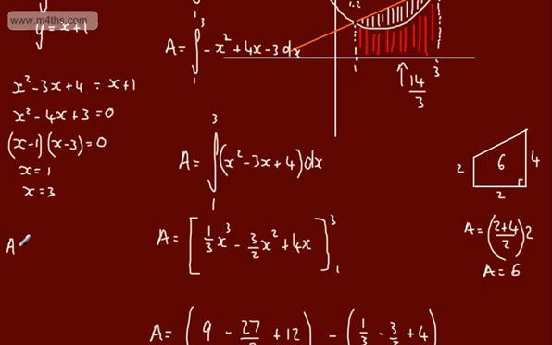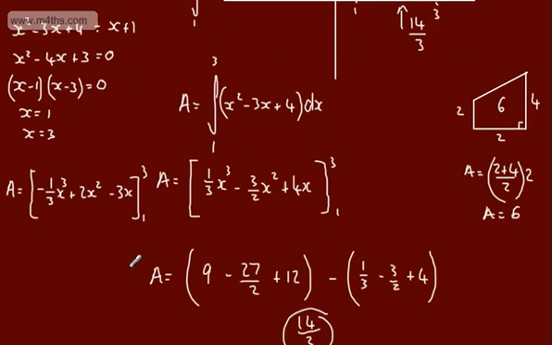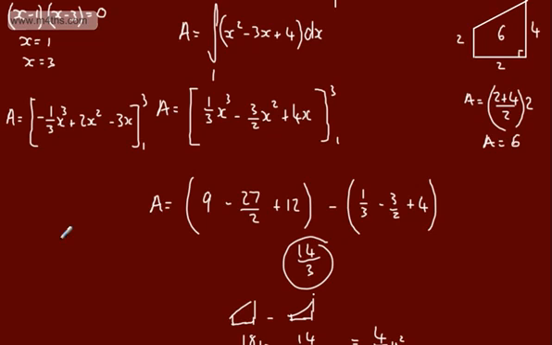So what I can say then is the area is going to be equal to minus 1/3 x cubed plus 2x squared. That's just the integral of 4x minus 3x. And we're integrating now from 1 to 3. So let's go ahead and just evaluate that, and let's get some space down here.